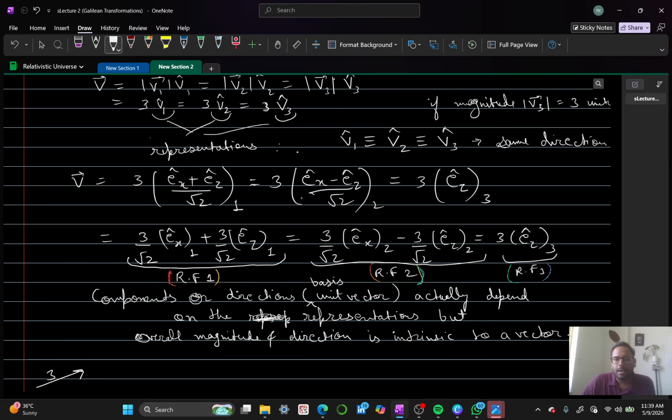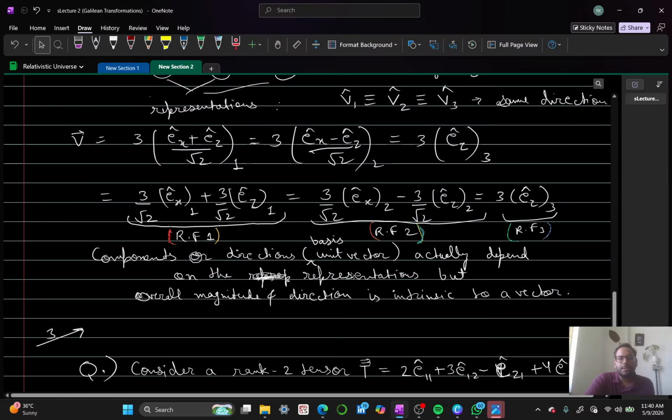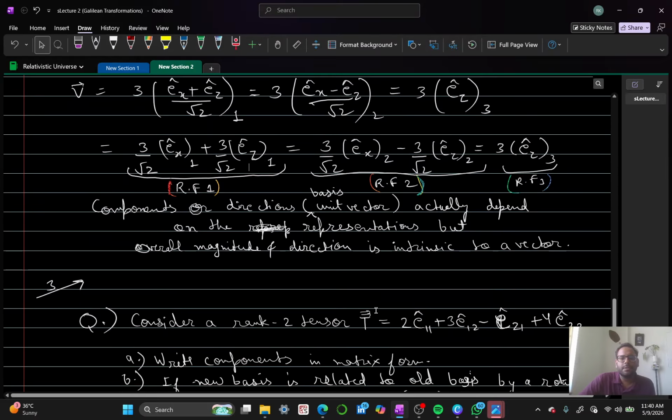By applying that transformation, I am getting this one as the basis. So by applying a transformation matrix, I am going from the reference 2 basis, ex2 ez2, towards the reference 1 basis, ex1 and ez1. By applying some transformation, you can translate these basis things from one reference frame to another.